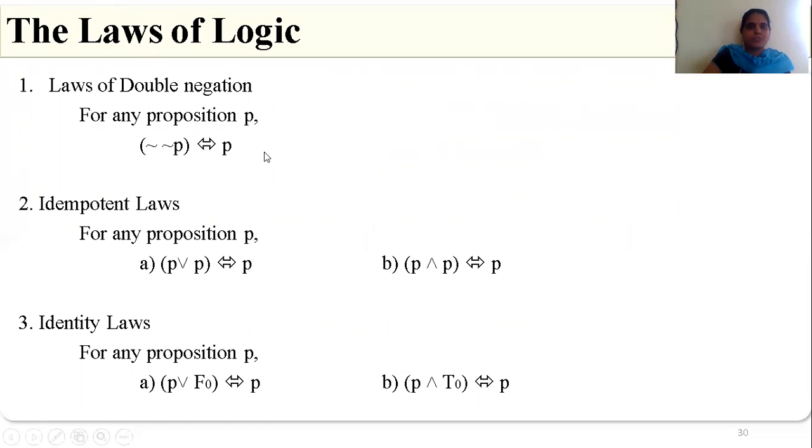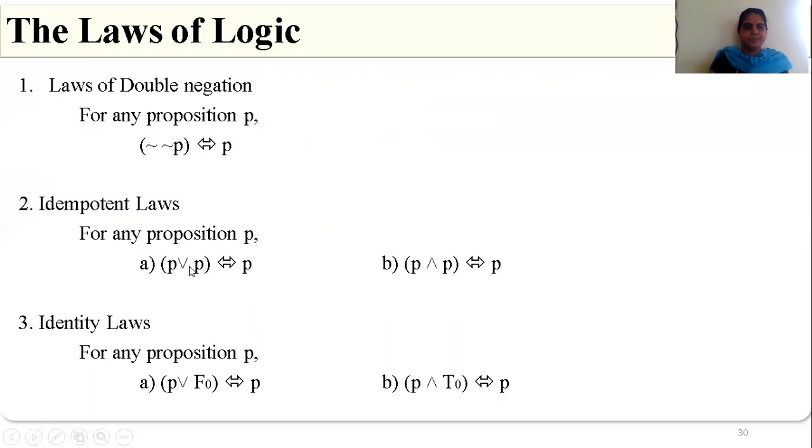Next come the laws of logic. We have 10 laws of logic here. First one, the law of double negation: if you have a proposition P, then negation of negation P is again P. You can carefully observe these laws.